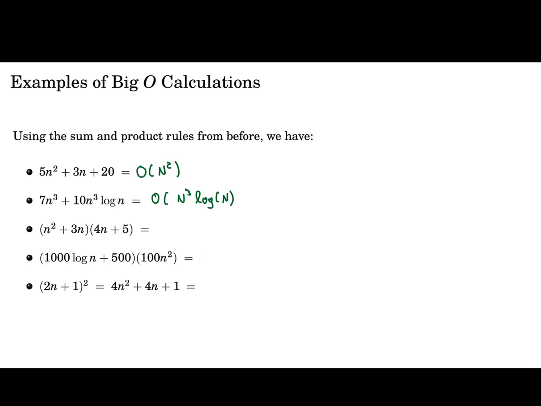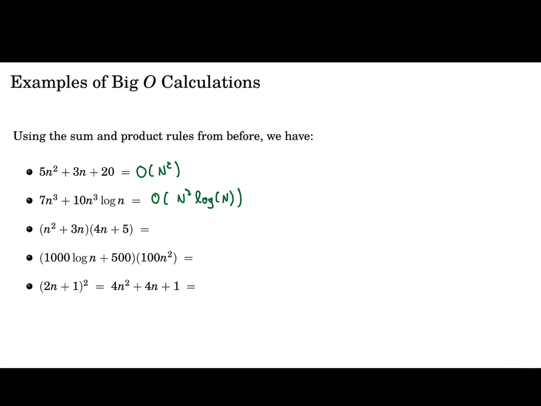We use the sum and also the product rule for this. The bottom one, you can open it up, but even looking at it, you could ask yourself what's going to be the dominant term, the largest thing. It'll be taking the largest from each side, so this n squared with the n here. So this is going to be n cubed, but we can open it up first.